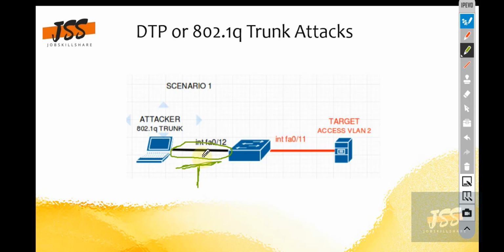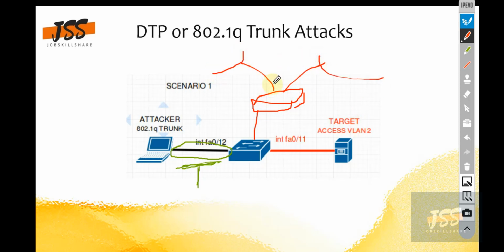By configuring this as a trunk link, what will happen, whatever the communication, as I drew earlier in the topology, if we have these devices here and they want to communicate, the communication will happen. There is no issue with the communication. But the same information will go across this link as well.